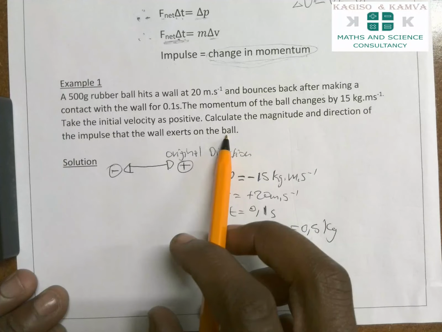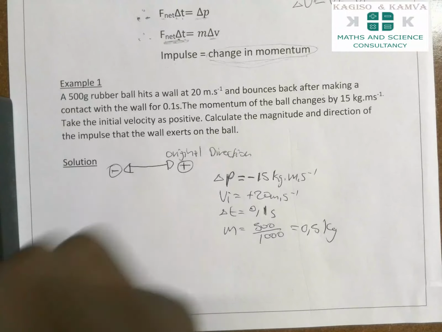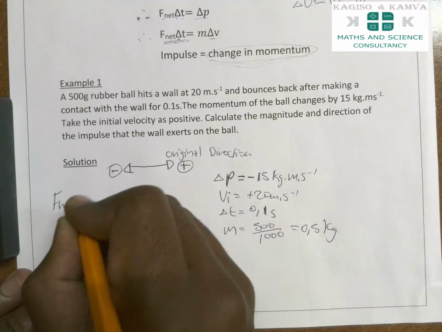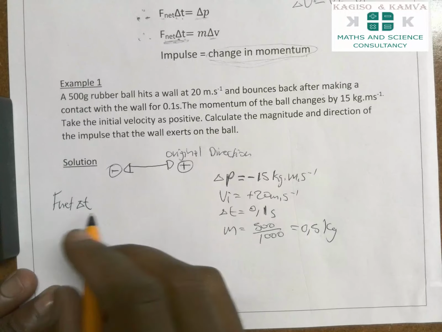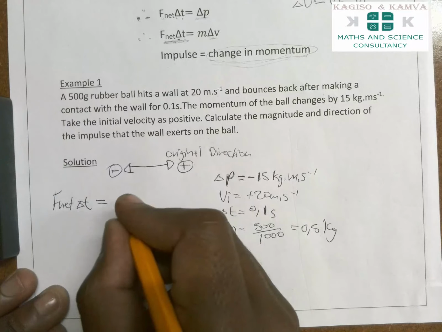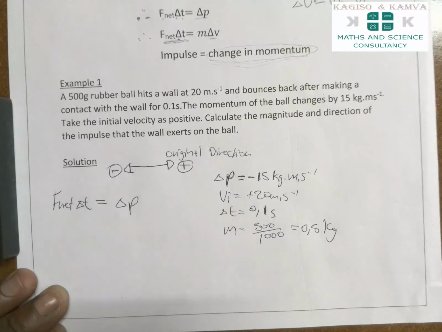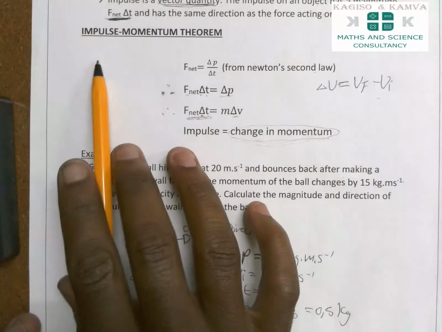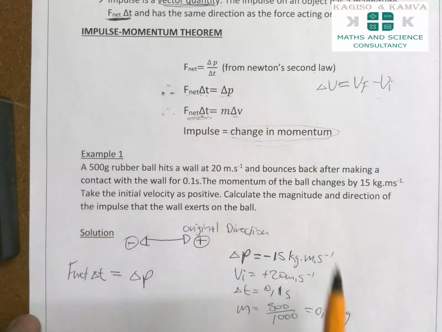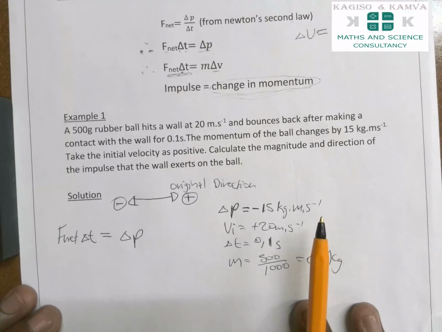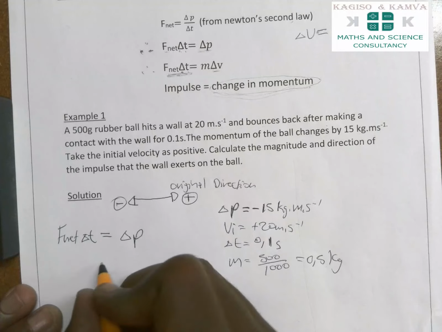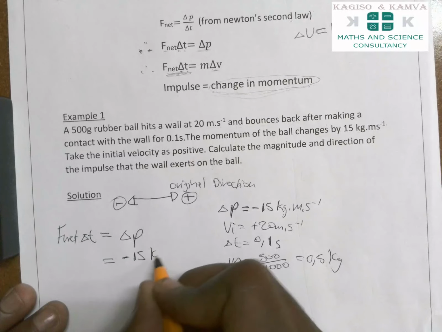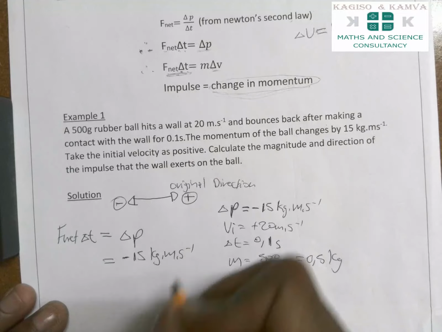But we know that F net times the change in time, which is the impulse, is equal to the change in momentum. We are applying the impulse momentum theorem. Now this is going to be equal to negative 15 kg meter per second.